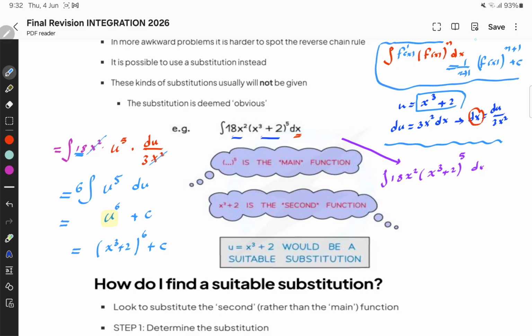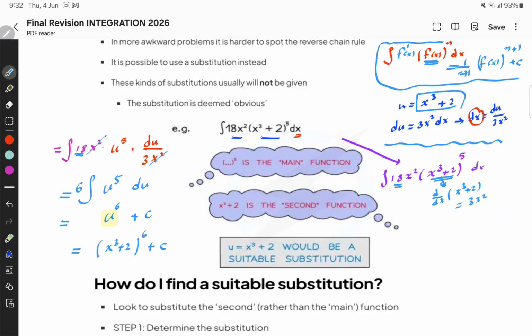To know what is the value of u, always it's f of x, depending on the position. f of x, where that is u. So here I will test the derivative of x cubed plus 2, it will be 3x squared.